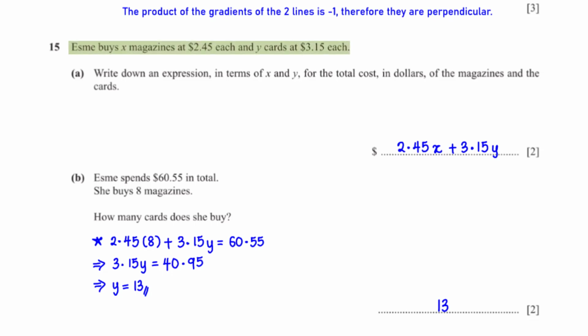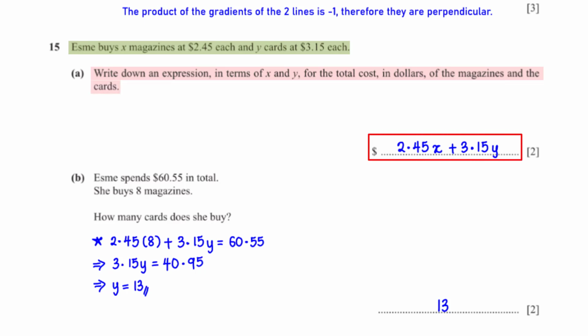Esme buys X magazines at $2.45 each and Y cards at $3.15 each. Write down an expression in terms of X and Y for the total cost in dollars of the magazines and the cards.